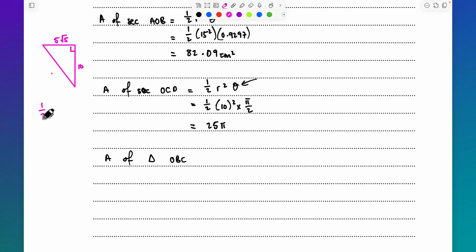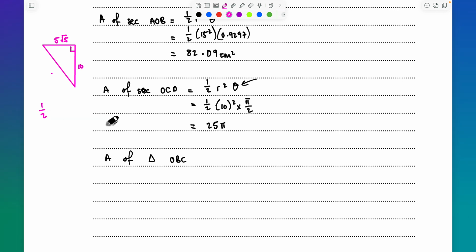You can use the sine rule, which is half BC sine A or something. No. Half BC sine C, half AB sine C, sorry. Okay, you can use that.